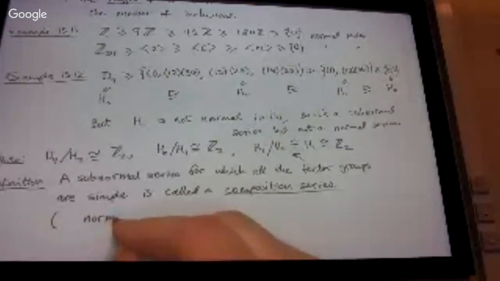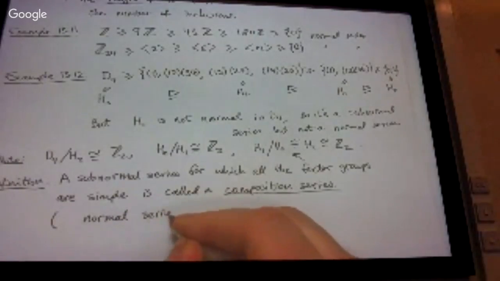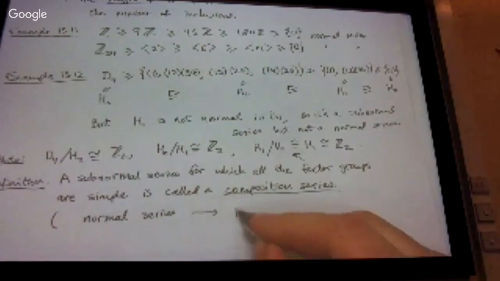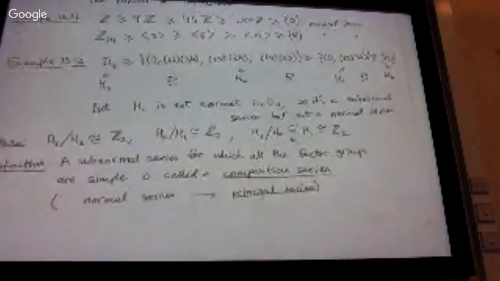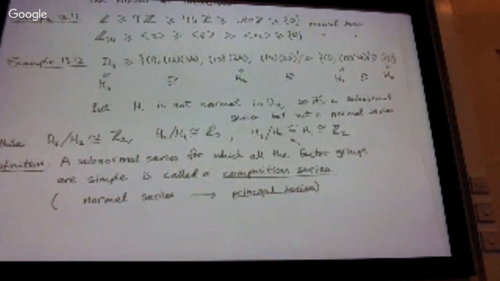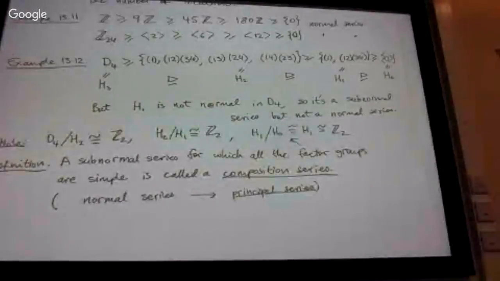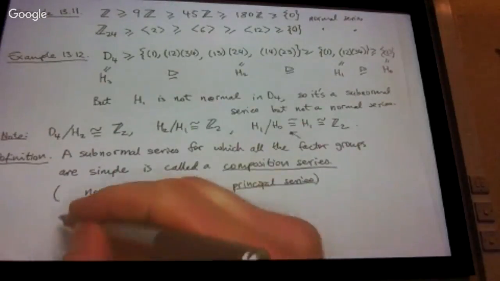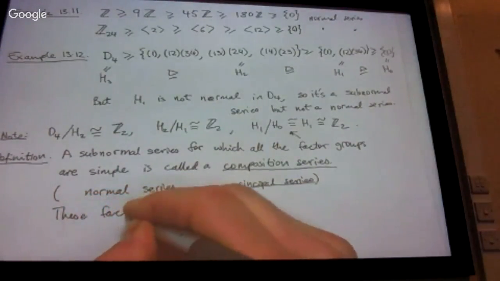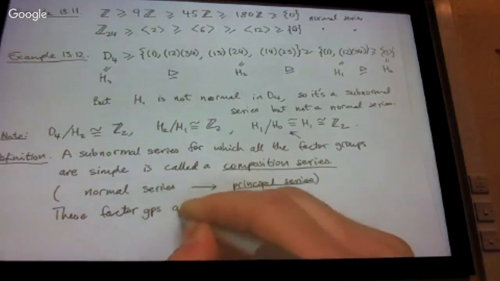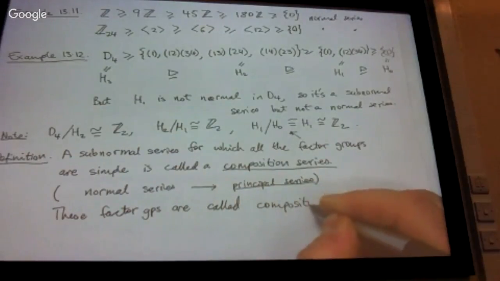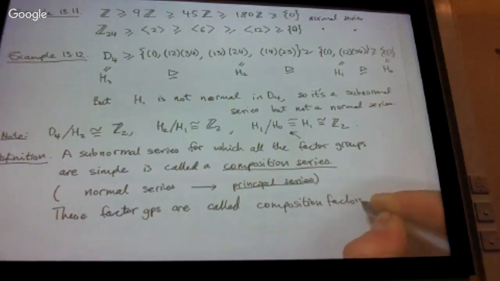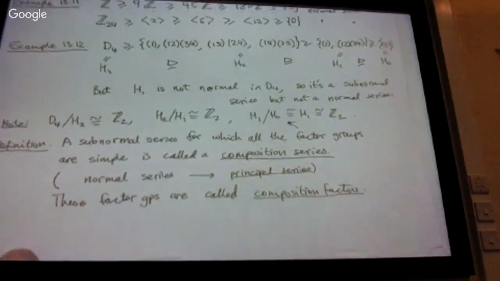Just a companion definition: if you start with a normal series, then what you get is a principal series if all the factor groups are simple, but we won't be using that. It's just in the book, so I include it for completeness. These factor groups are called composition factors.